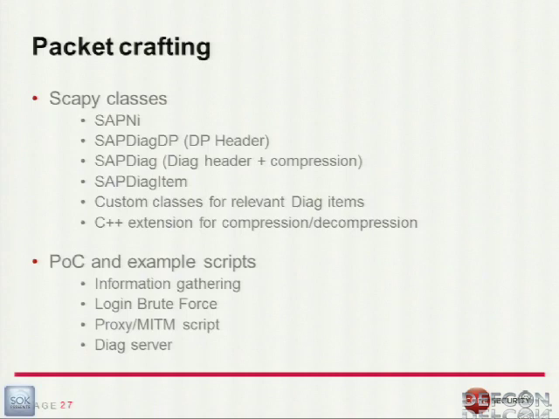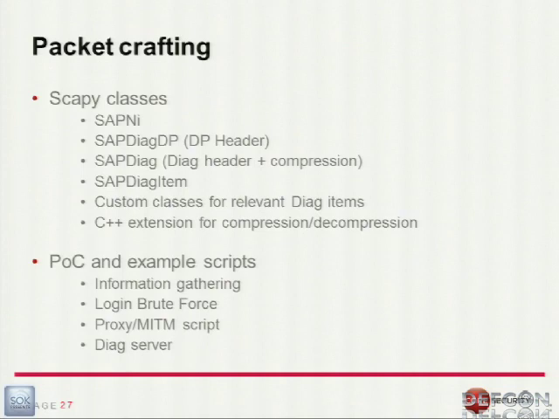So there are 4 main classes: the SAP network interface class, another class for the diag DP header, the main one for the diag protocol, which is the one that handles all the compression, and one class for diag items.